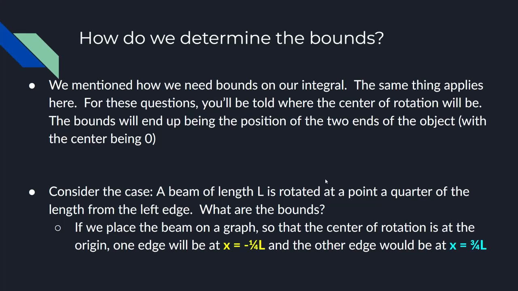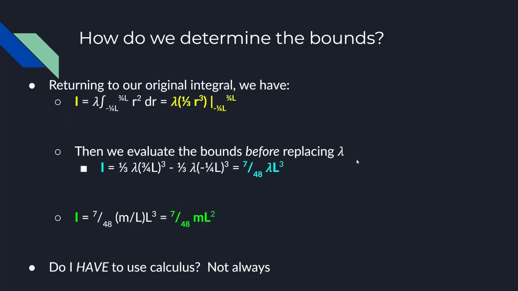The other end is 3/4 of the length away from that point, so it would be a positive 3/4 L. So this is the part where it gets really weird: determining these bounds. Now, we would set up the integral the same way, with our bounds now being negative 1/4 L and 3/4 L.